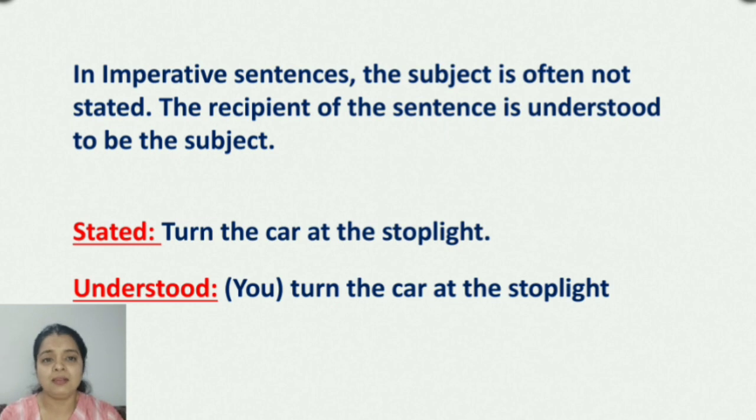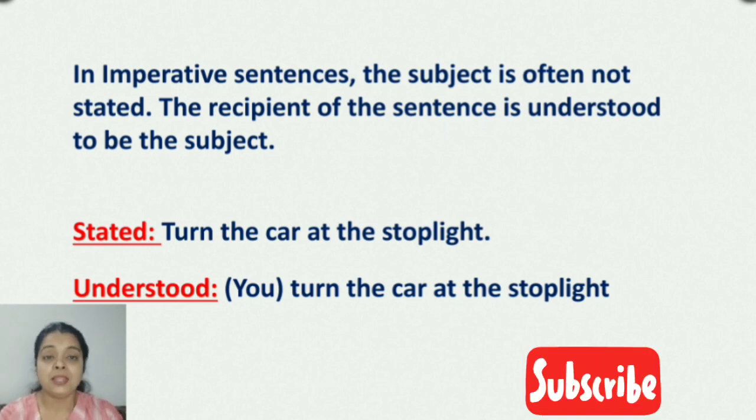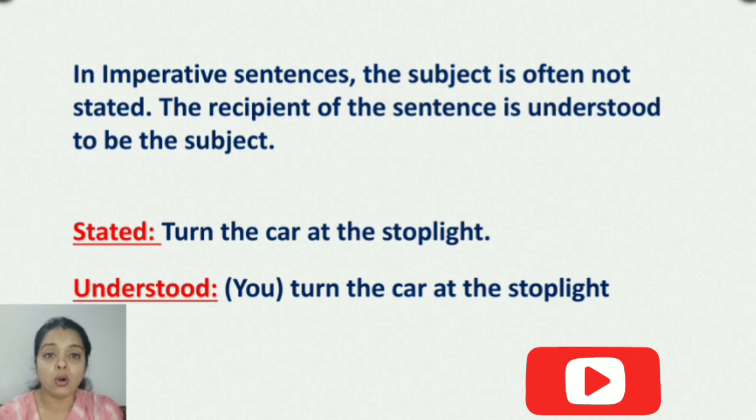In this one, you will find there is nothing. No subject is mentioned. You just see here. Turn the car at the stoplight. Okay. Now, it's just a command. Somebody is telling somebody, ordering somebody to do so. But we don't find who or what.